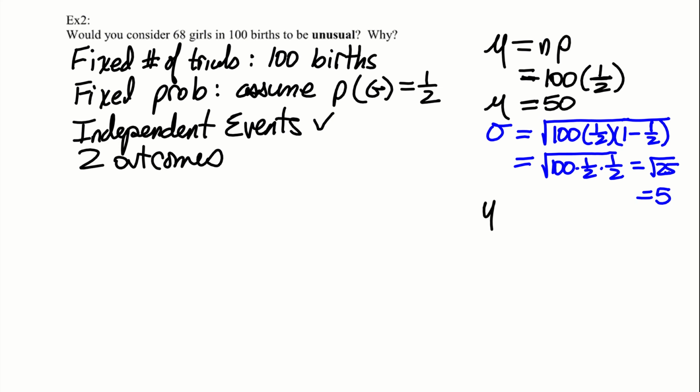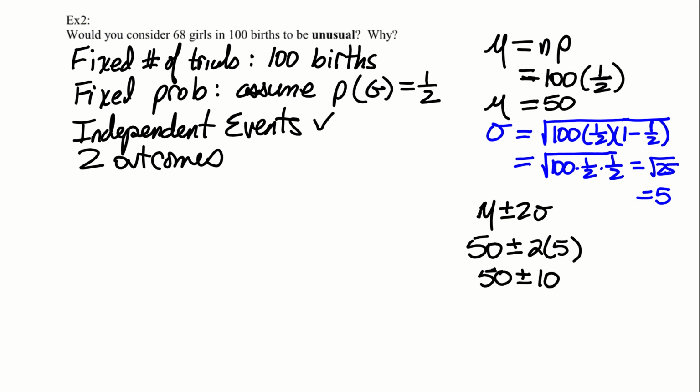So mu plus or minus 2 sigma. If we're talking about usual versus unusual, would be 50 plus or minus 2 times 5, which is the same as saying 50 plus or minus 10.